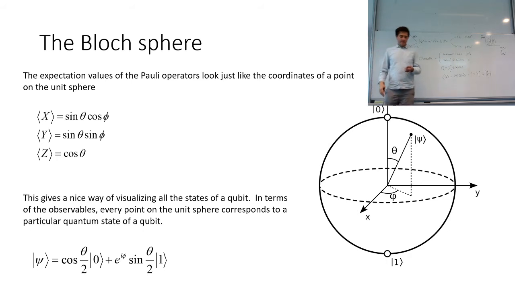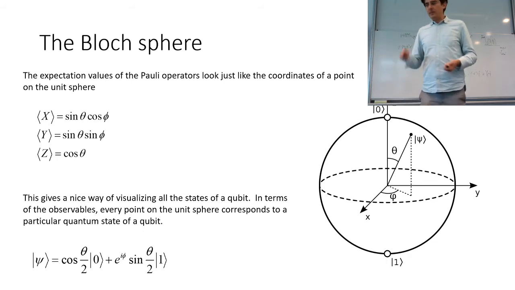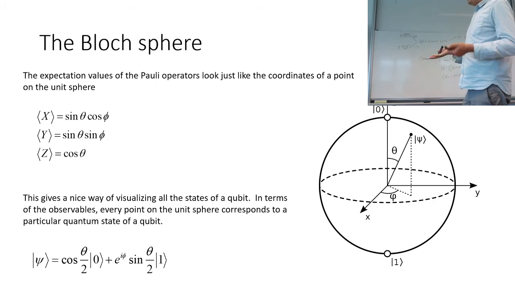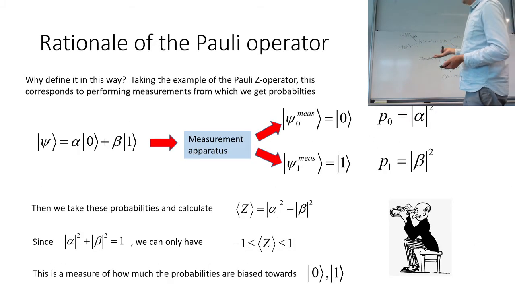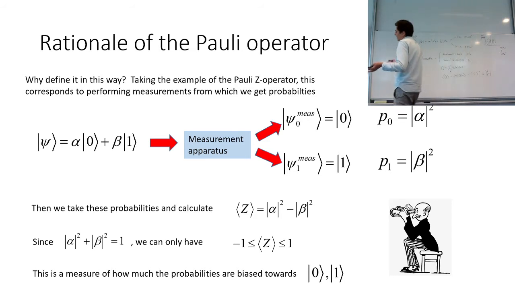For the Pauli operators, it's a quite common way of choosing it, and it makes some sense because essentially it's how different the 0 weight is to the 1 weight.